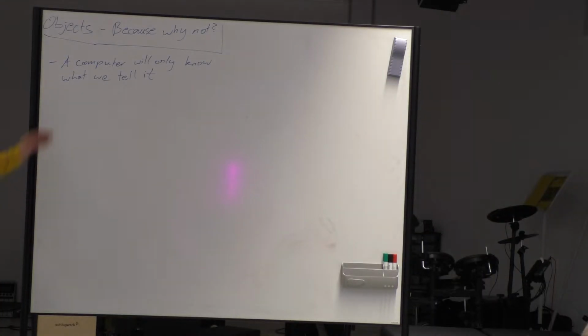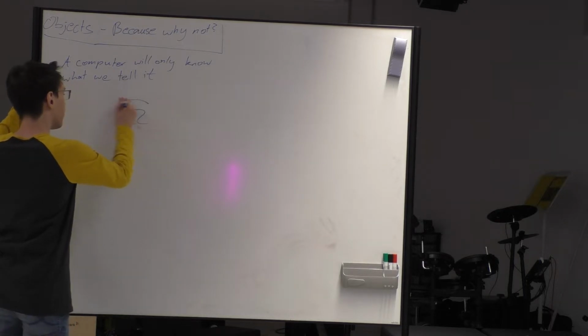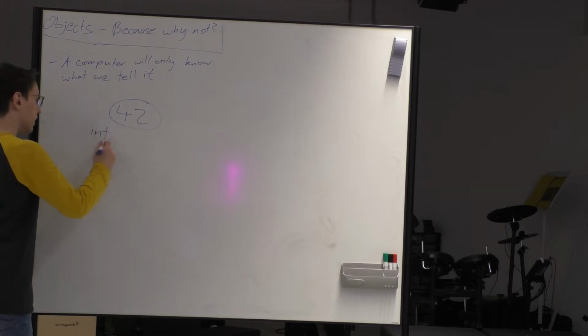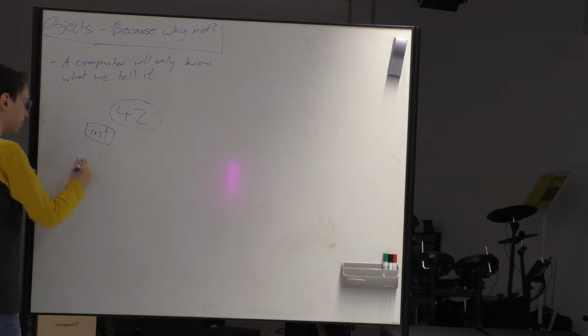On the other hand, we have full control over what the computer knows at any point in time. This sounds pretty abstract, so I'm going to dumb this down a bit. Basically, if we have something like a number, we can tell the computer what this number is. We can say, okay, let's say we have an int, and this int is basically just 32 bits.